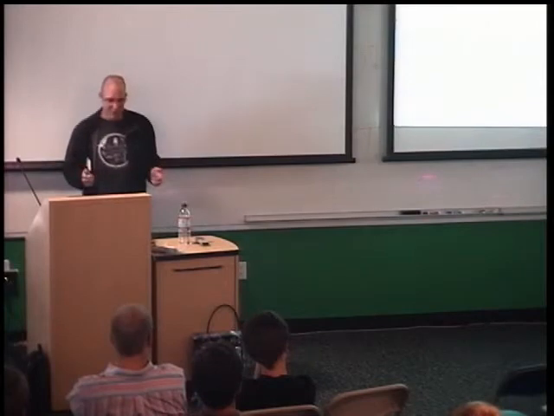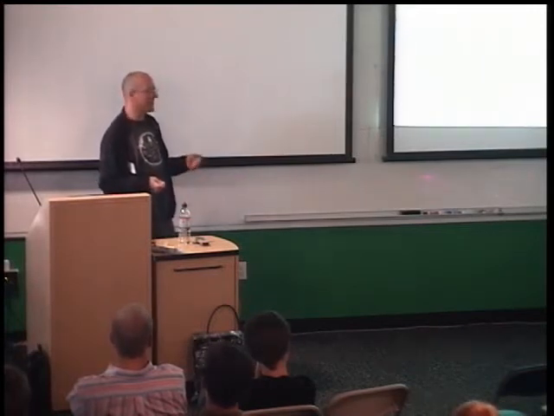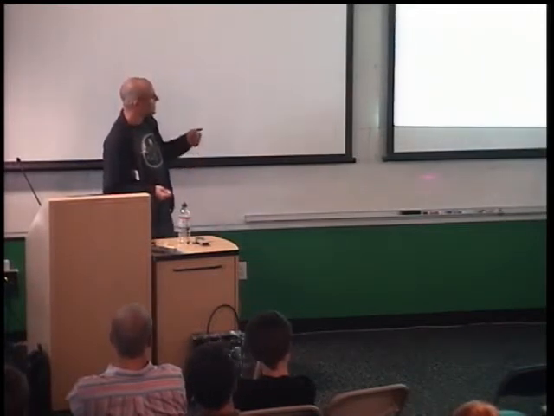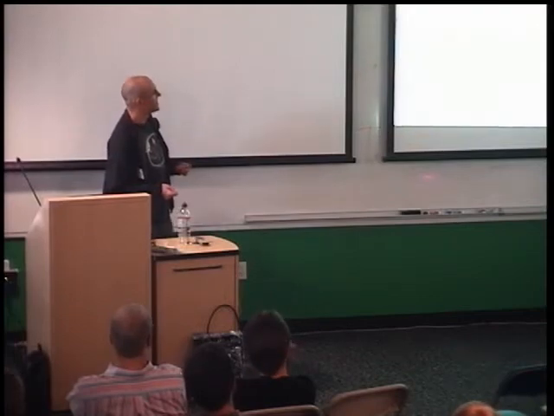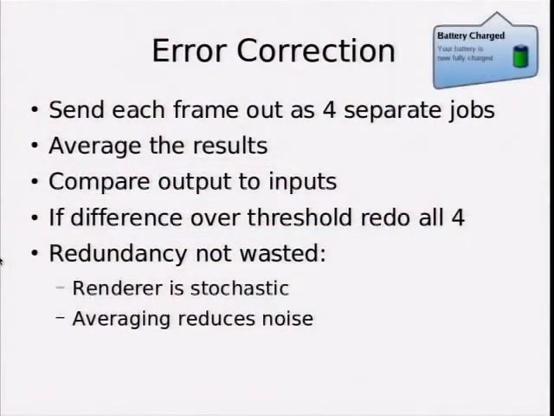So it works great, but it sounds like a recipe for losing a factor of 4 in performance. It turns out the redundancy is not wasted, because the rendering algorithm is stochastic, so there's naturally noise in the image. And in fact, the noise is inversely proportional to how long you render it.